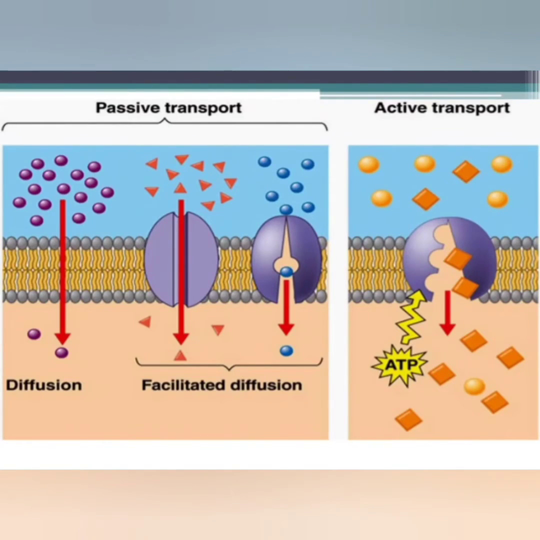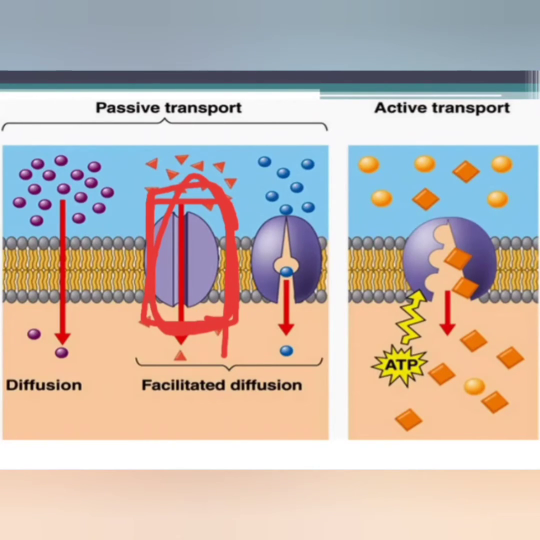Now we'll discuss the next type. This is passive transport, but it is called facilitated diffusion. In facilitated diffusion, what we can see here is that the transport of molecules is done through specific gates or protein pumps.